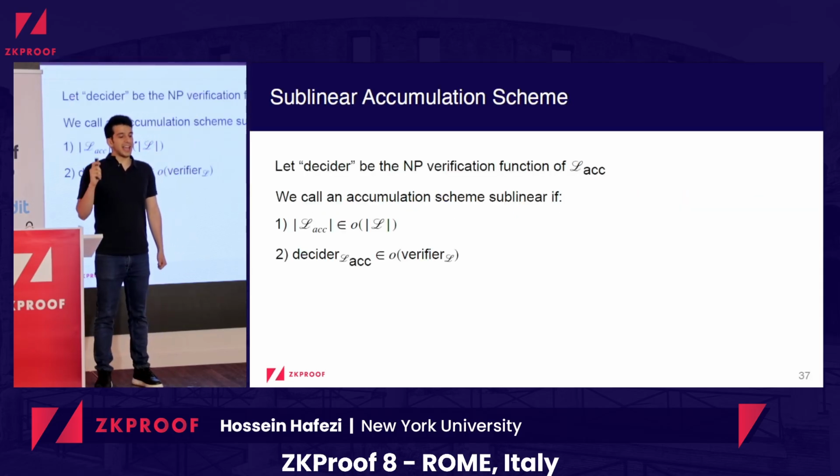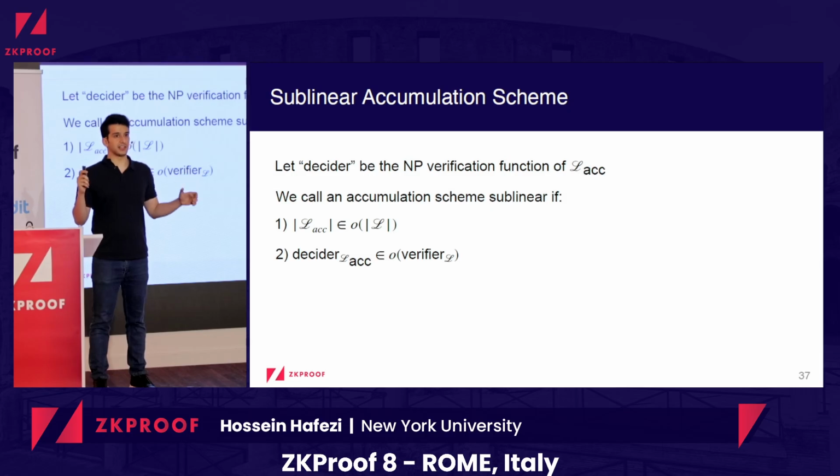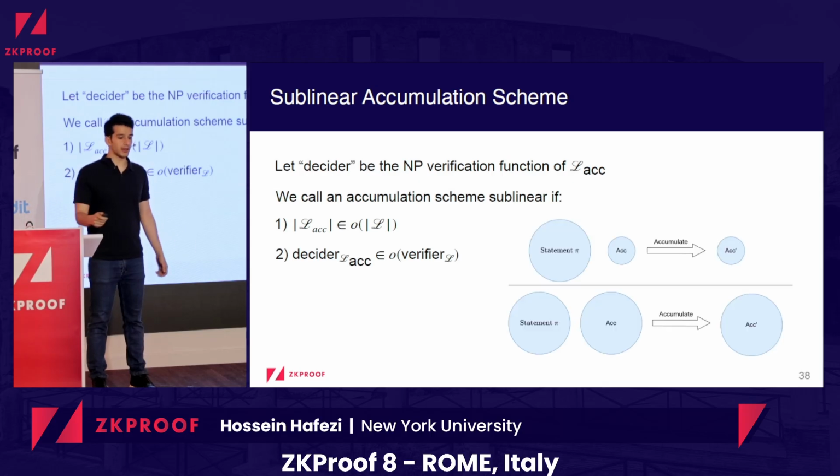We call an accumulation scheme sublinear if the size of the language L_AC is sublinear in the size of the language L, and if the decider time of the accumulation scheme is sublinear in the verifier time of the language L. And if you want an intuition, the diagram below would be a linear size accumulator, where the size of the accumulator is pretty much equal to the size of the statement.